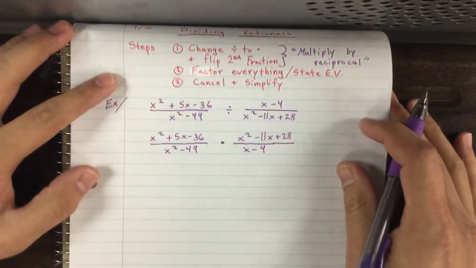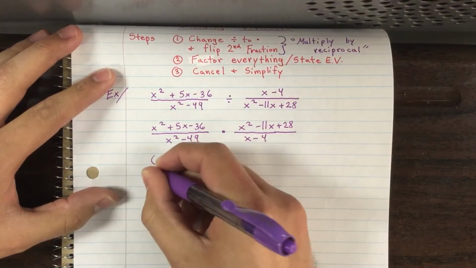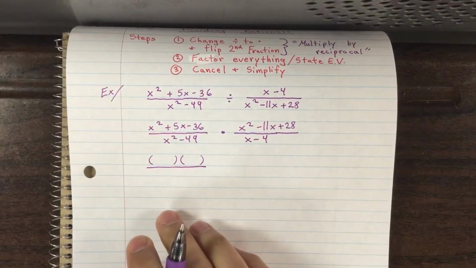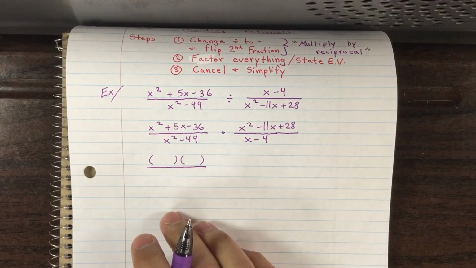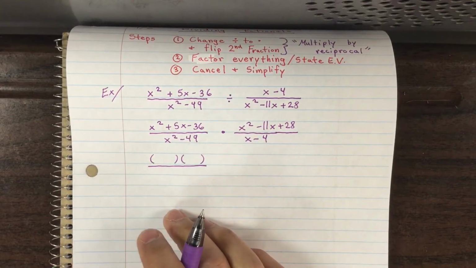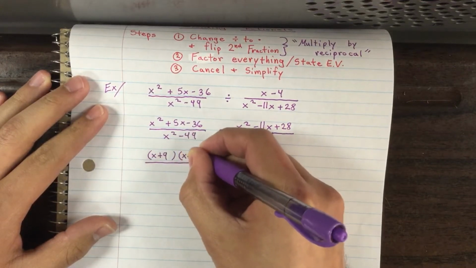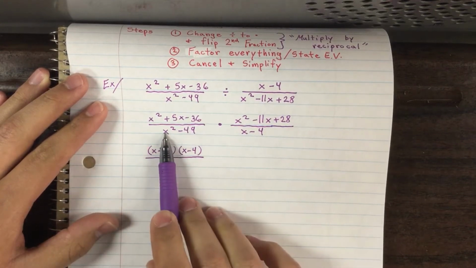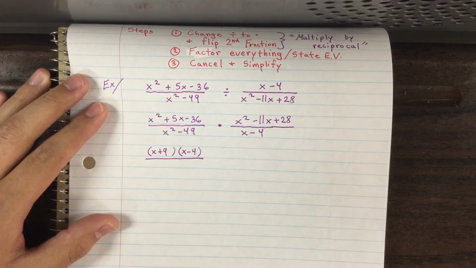We're going to factor everything out. Factors of negative 36 to give you 5 would be what? Positive 9 and negative 4. Next one, x squared minus 49. That should be a red flag. Difference of squares.